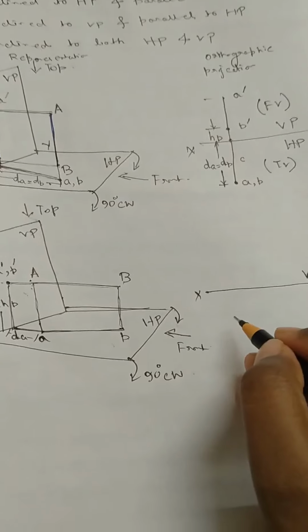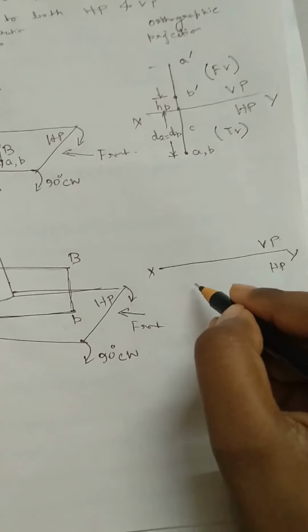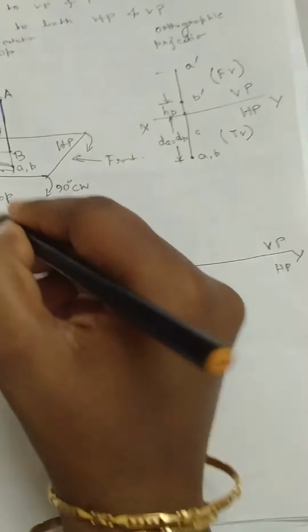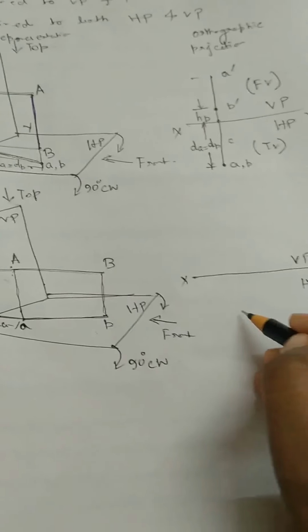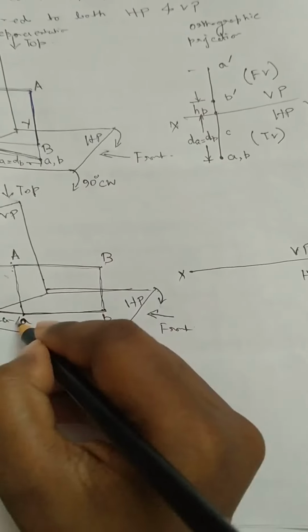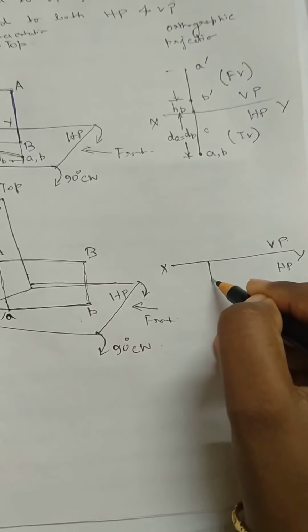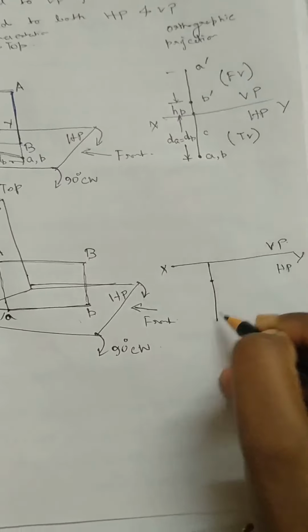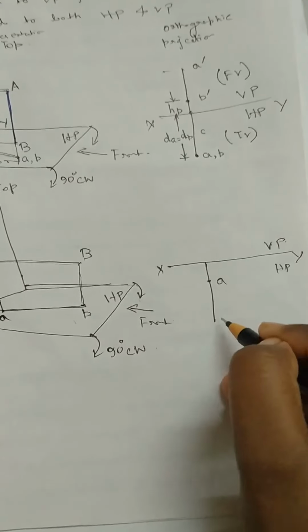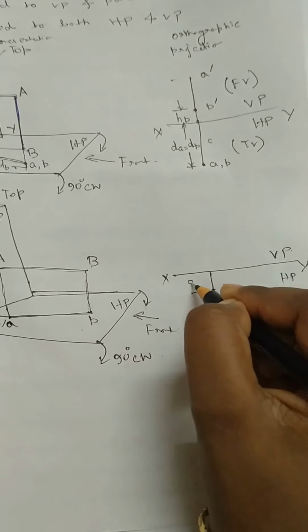So first we will draw our top view. So what is this length? DA, and from here the points will be A and B. This is our DA.